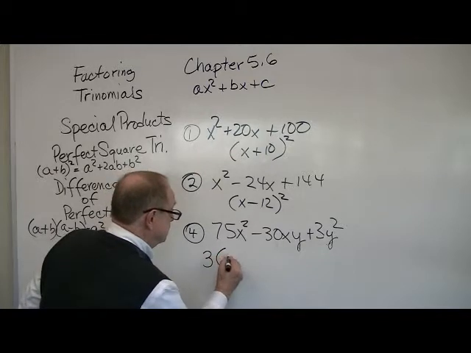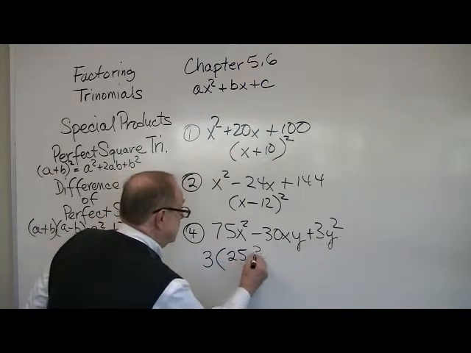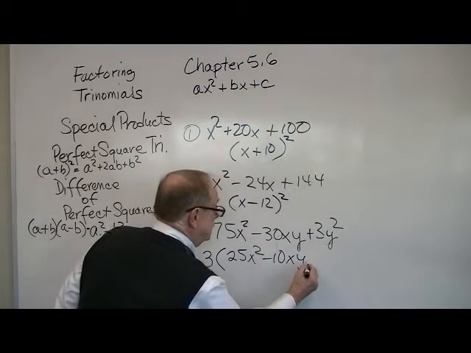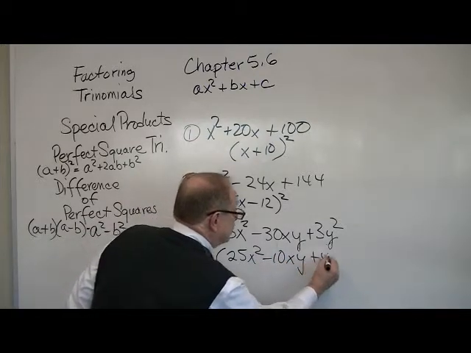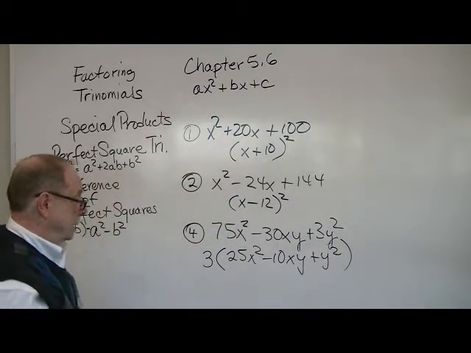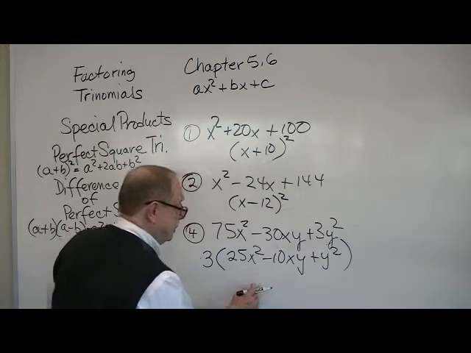So this becomes 25x squared minus 10xy plus y squared. And now this is a perfect square trinomial.